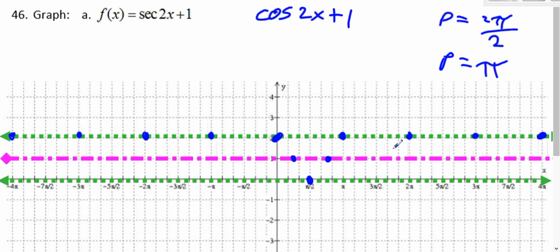And then since the period is pi, every pi units, it'll be on the bottom, or the lowest point. So all the pi over 2s, it's going to be at the lowest point.